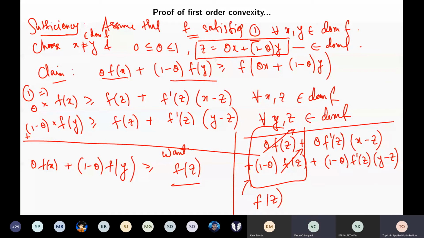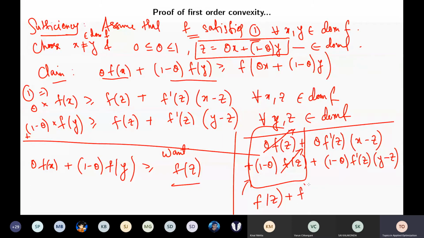We don't need to calculate f prime of z, because that x minus z plus y minus z would be theta times (x minus z) plus 1 minus theta times (y minus z). This would cancel out. Okay, so what you are saying is that theta times (x minus z) and 1 minus theta times (y minus z) will cancel out, right?